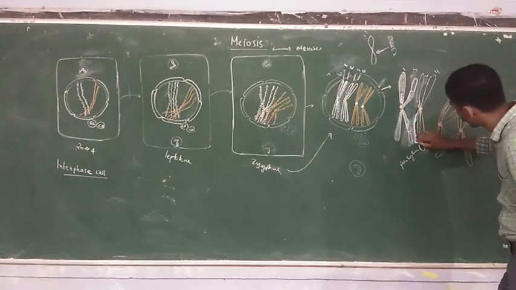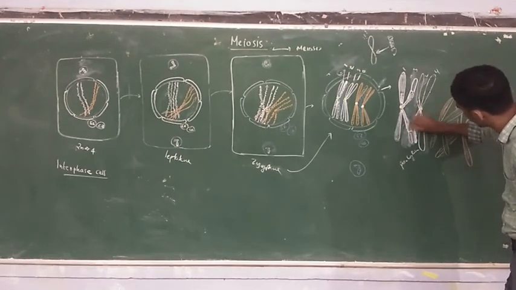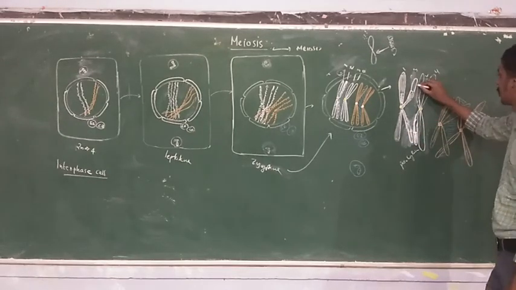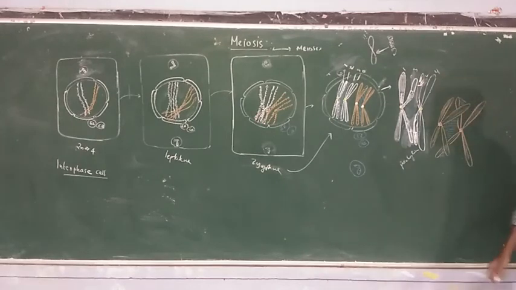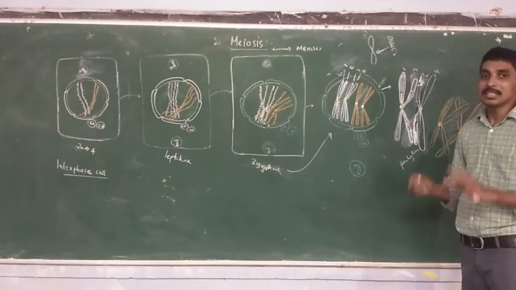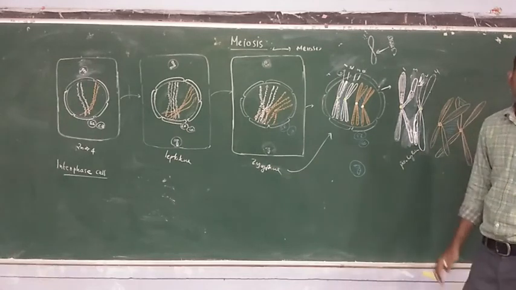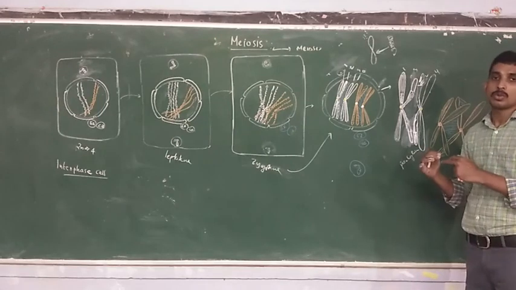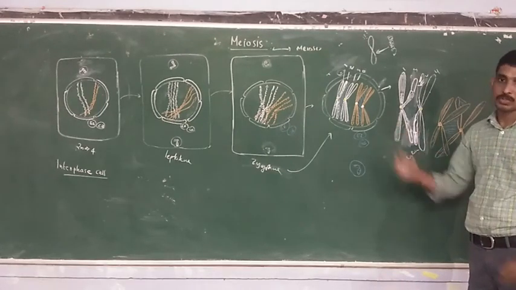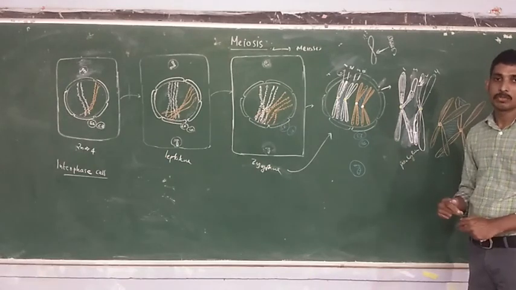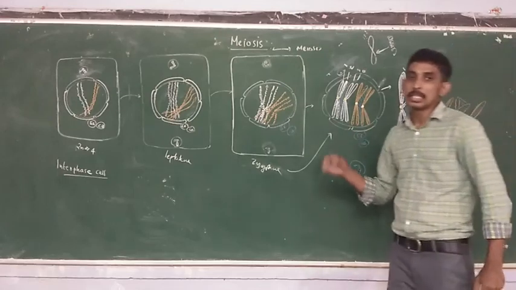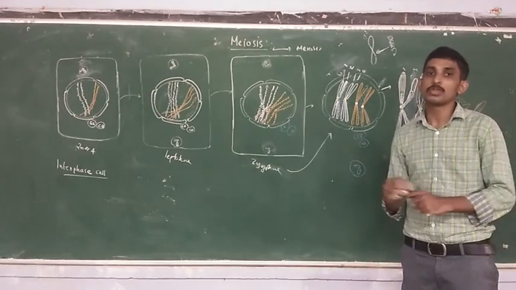Chiasmata terminalize. These are the main events taking place during prophase 1 of meiosis. Now we have to study metaphase 1, anaphase 1, telophase 1 and cytokinesis, etc. After that we have to move into the next stage, meiosis 2, which will also be discussed.